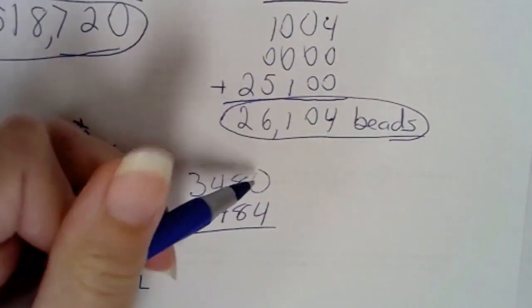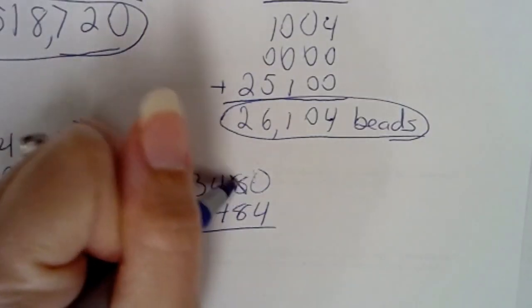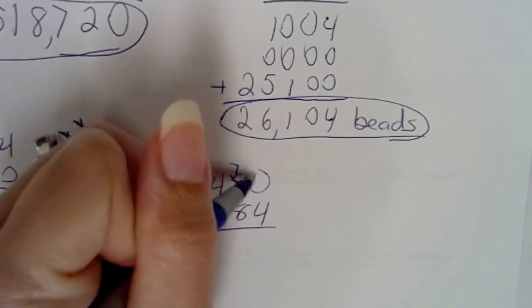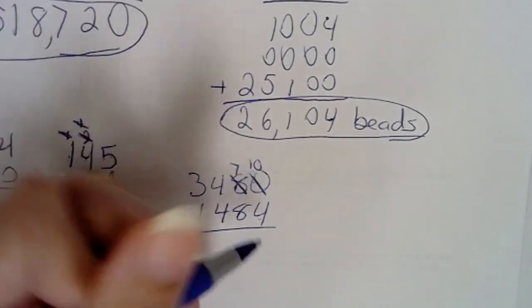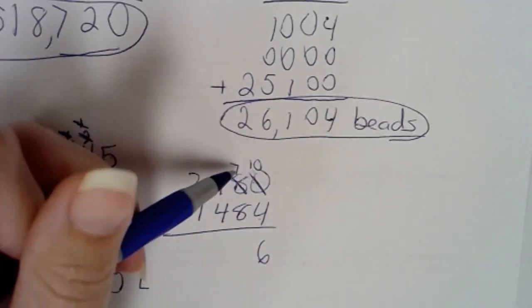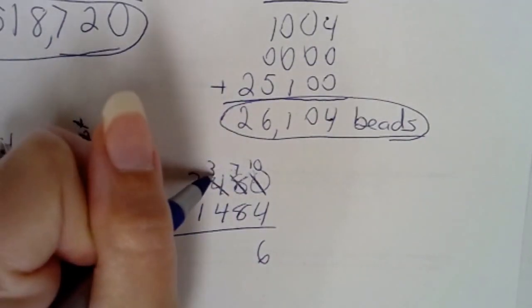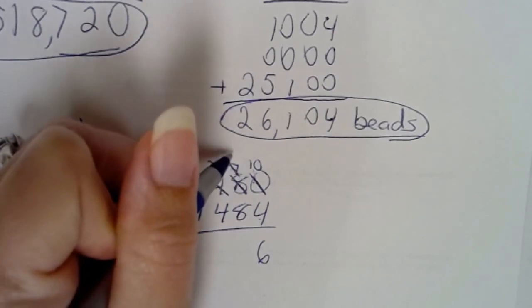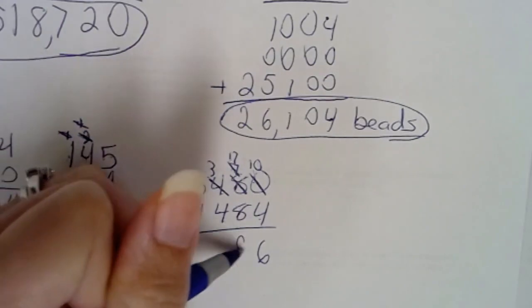We cannot subtract 0, take away 4, so we're going to regroup. The 8 becomes a 7, the 0 becomes a 10. 10 minus 4 is 6. We can't subtract 7, take away 8, so we're going to regroup again. The 4 becomes a 3, the 7 becomes a 17. 17 take away 8 is 9.